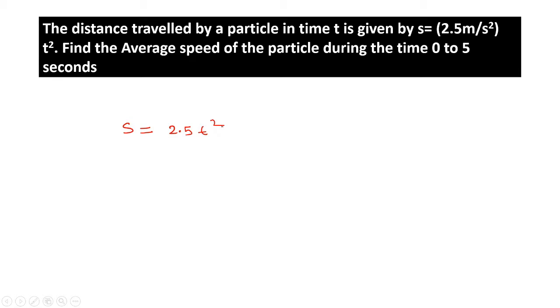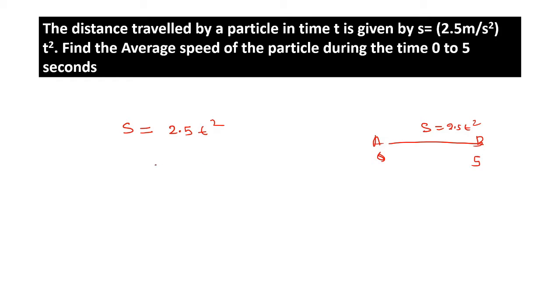Find the average speed during the time 0 to 5 seconds, from point A to B. What is the total distance? The total distance is s, where s equals 2.5 t square. And from A to B, the total time is 0 to 5 seconds. So time is given.